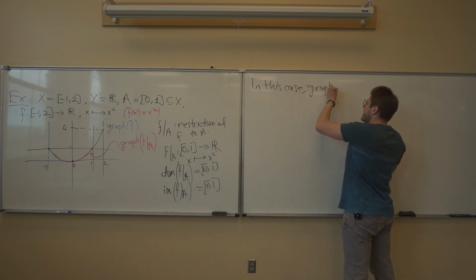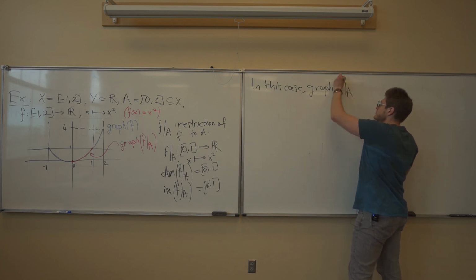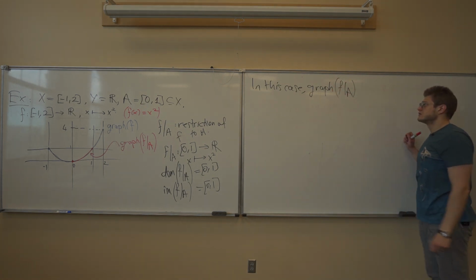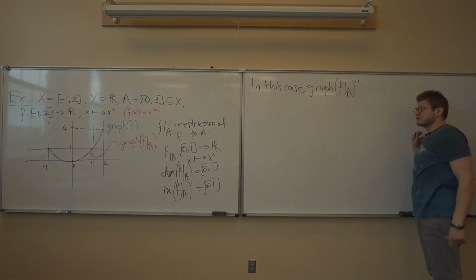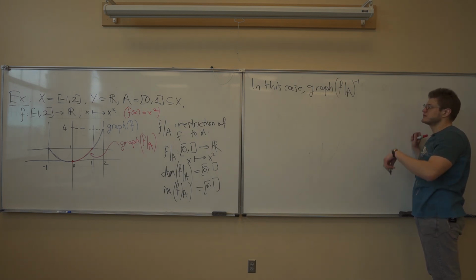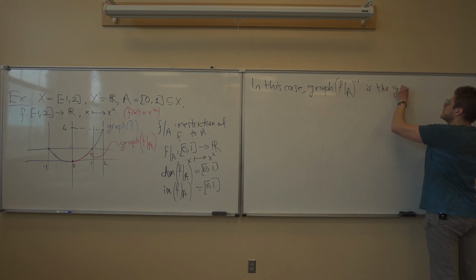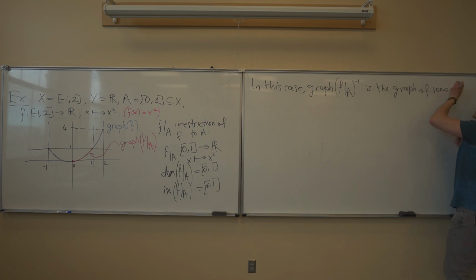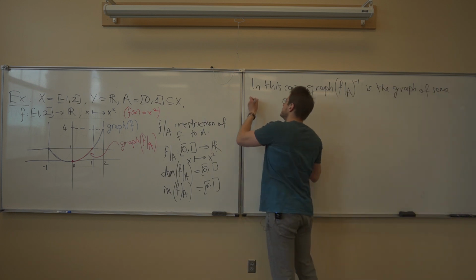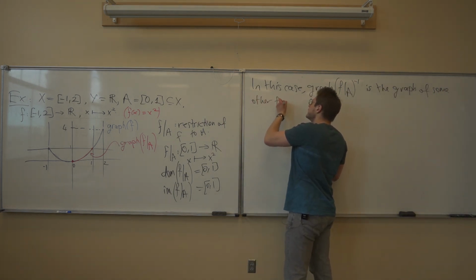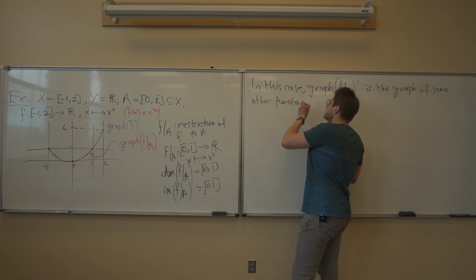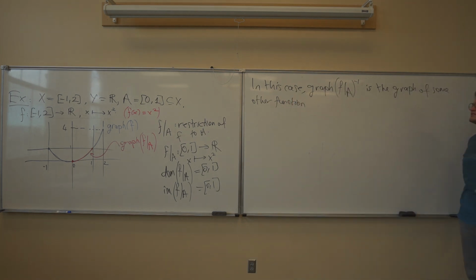So the graph of the restriction inverse, which is another relation, is the graph of some other function, which we might denote by f restricted to A to the minus 1.